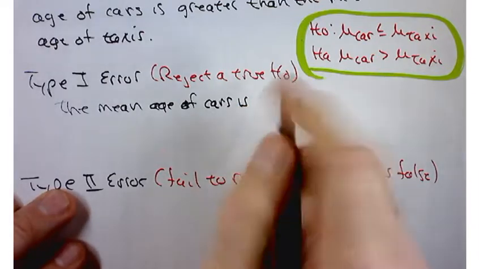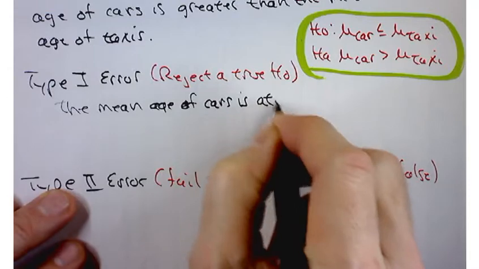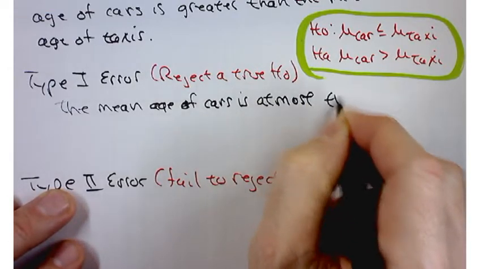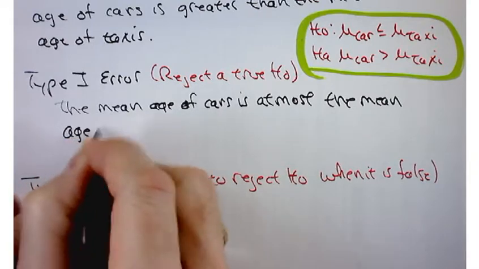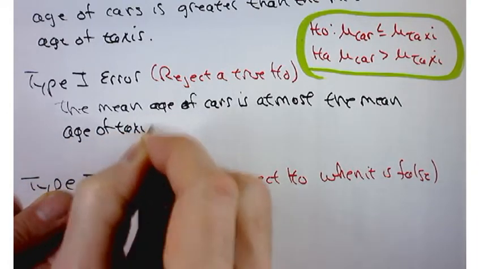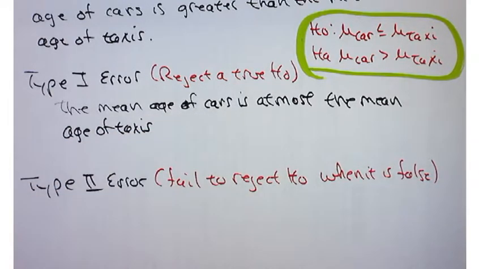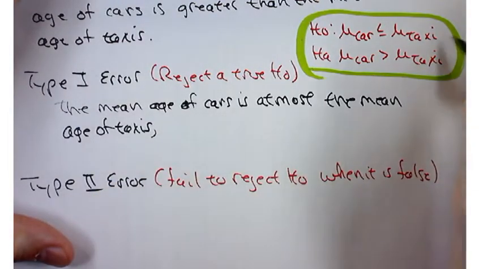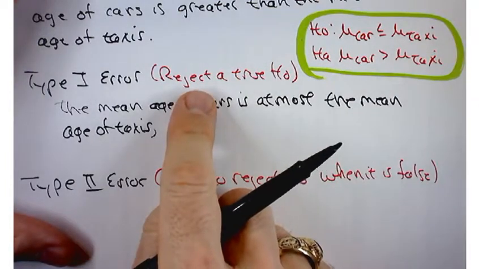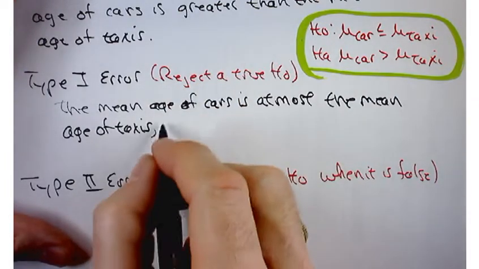I find it convenient to say is at most the mean age of taxis. So that's great. That's telling me what's true. Now let's talk about our decision. What do we decide? This is true, but then what happened? But the data reject that claim.